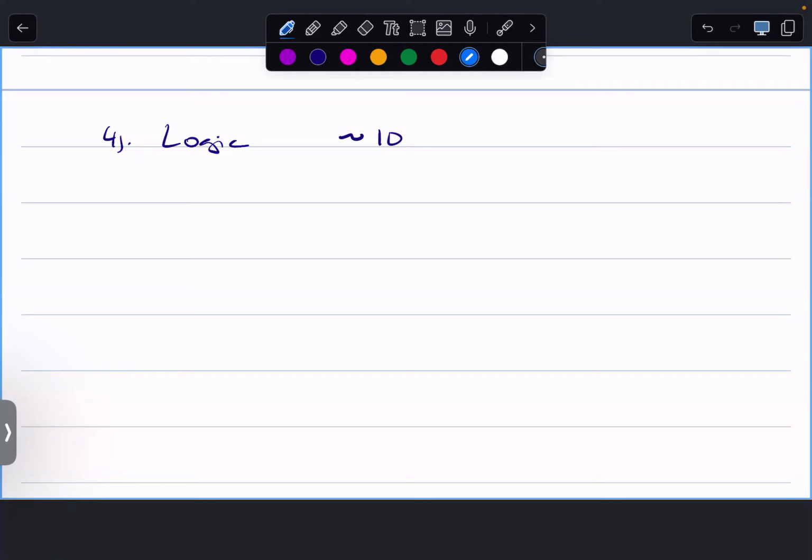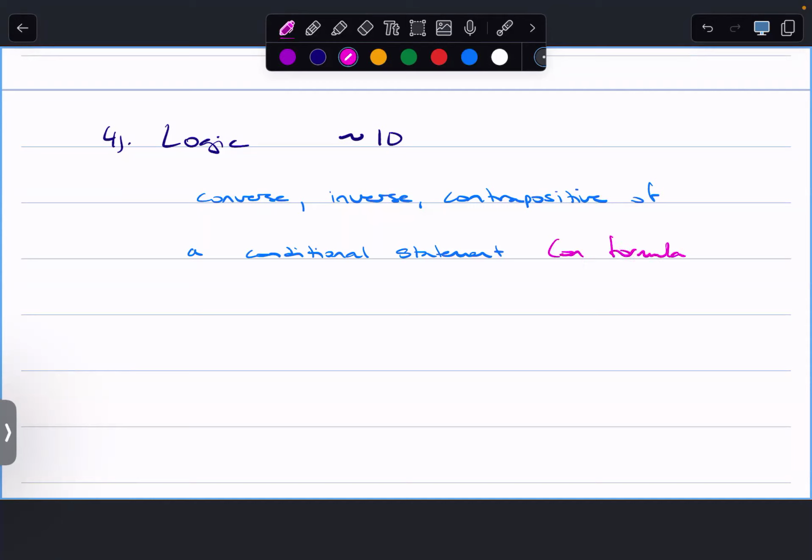things like the converse, the inverse, and the contrapositive of a conditional statement. This is on your formula sheet now, so that's nice.